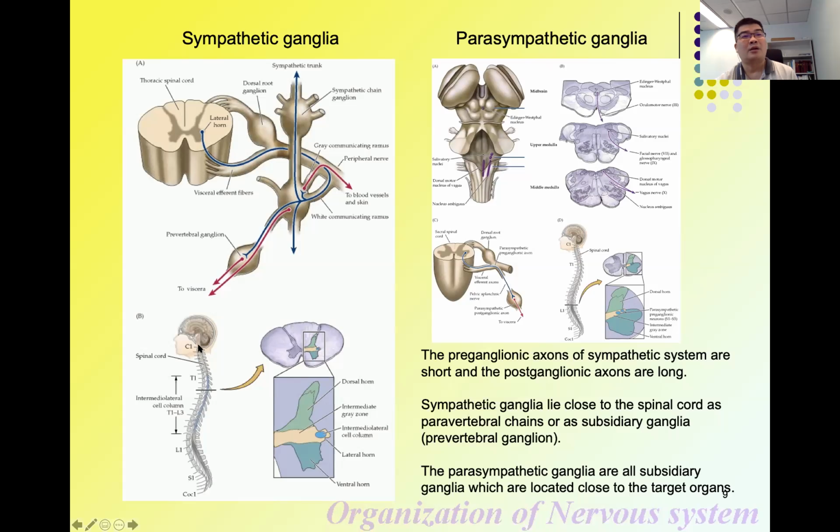Okay. So if you are interested, this also gives you some ideas about the anatomy. The skull basically stores the brain and the brainstem.